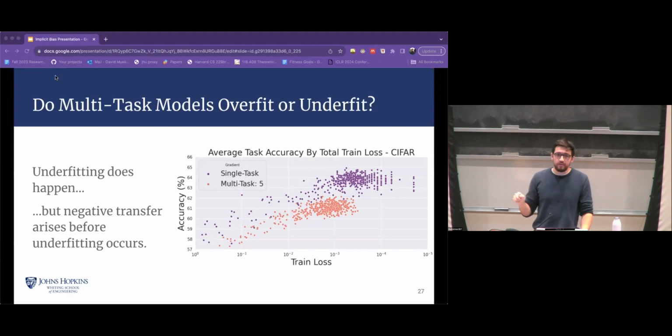But even for loss values that we're still able to achieve with the multitask model, we're already experiencing negative transfer, right? So we are overfitting in some implicit sense. It's not just a matter of our 0th order loss isn't going down as much as we want it to. There's something implicit at play here, right? As an example, if we had set our convergence stopping point at 10⁻³, we wouldn't even observe conflict as something that's prohibitive, right? But we would still have negative transfer.